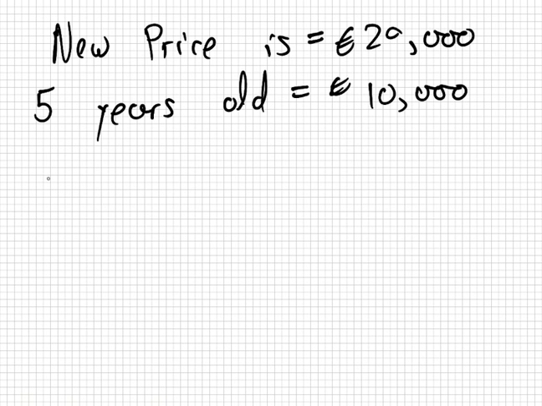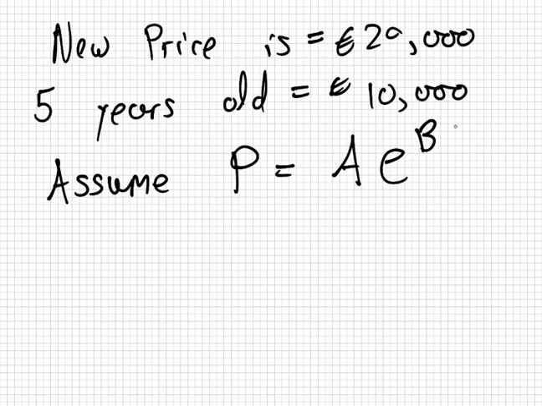And in the question you're told, assume that the price is equal to A e^(bt). In other words, assume that the price decreases exponentially like this. So they've given you this piece of information and this piece of information, and they want to know what the A and the B are. They want you to find this formula.